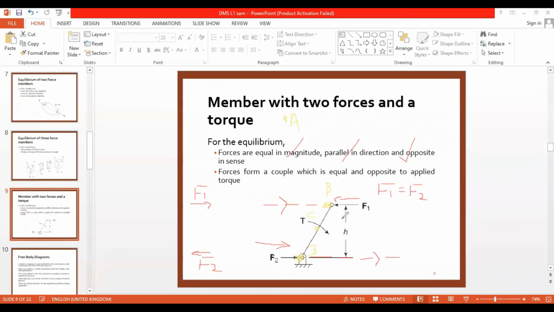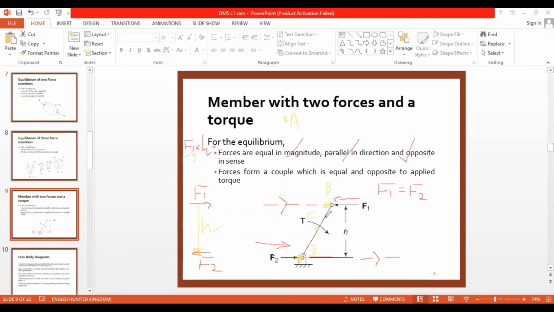So the distance is H. So if I take this point, in a clockwise direction, I have F1 into H, right? In the anti-clockwise direction, there is an F2, but since I am taking this point as the reference point, there is no distance, so that is equal to 0. So clockwise direction, F1 into H is equal to F2 into something, that is 0.